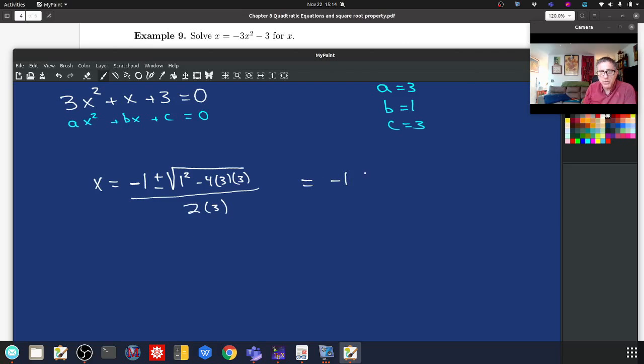This is minus 1 plus or minus the square root. 1 squared is 1. 4 times 3 is 12. 12 times 3 is 36. 2 times 3 is 6.